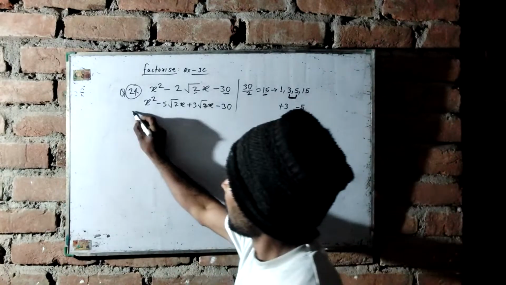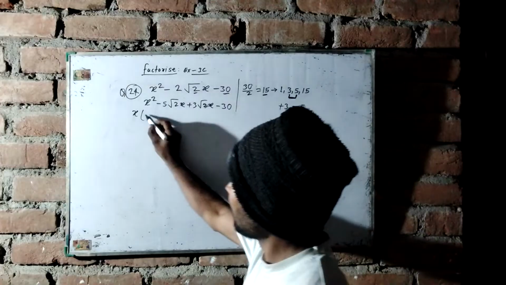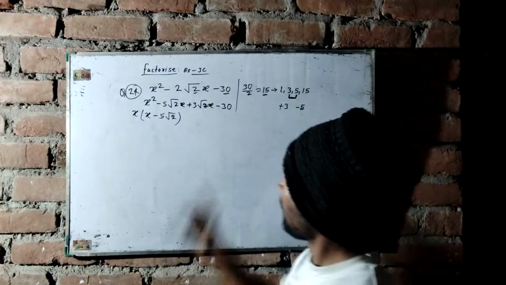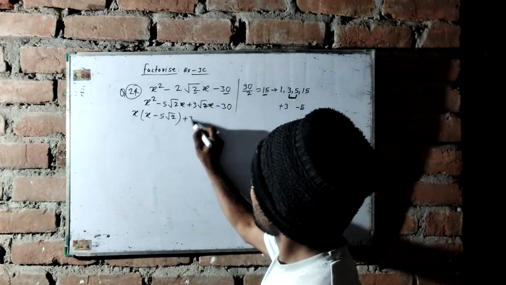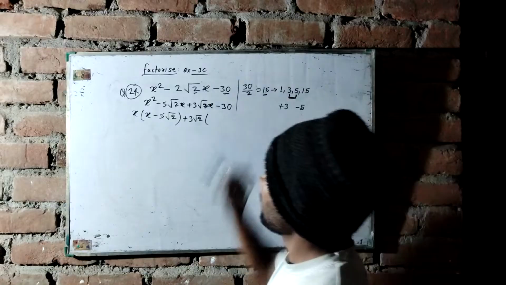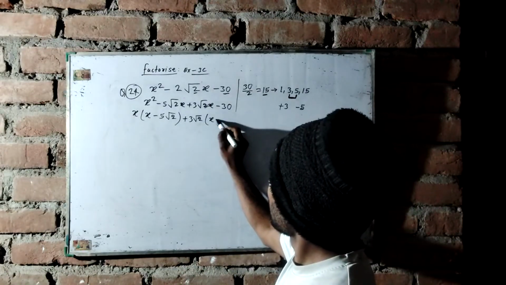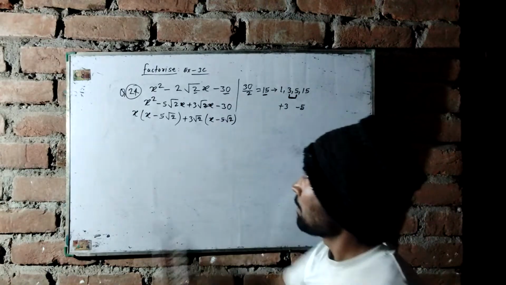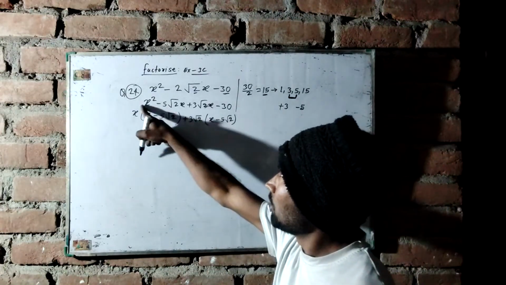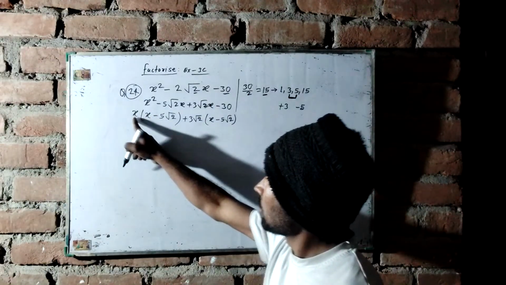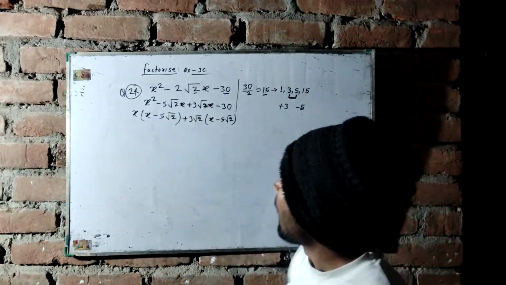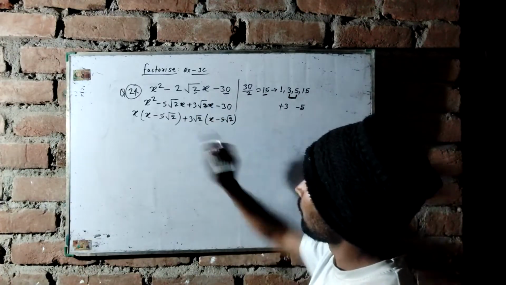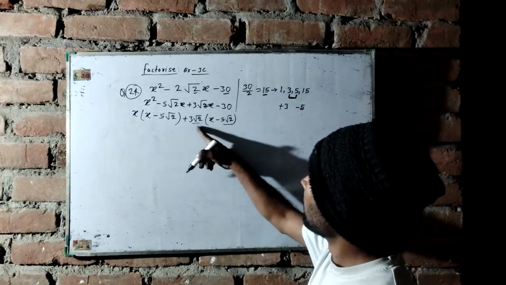Now we can take x as a common and we can write x minus 5 under root 2 as a multiple, and we can also take plus 3 under root 2 as a common and we can write x minus 5 under root 2 as a multiple, because after multiplying these you will get the original terms.